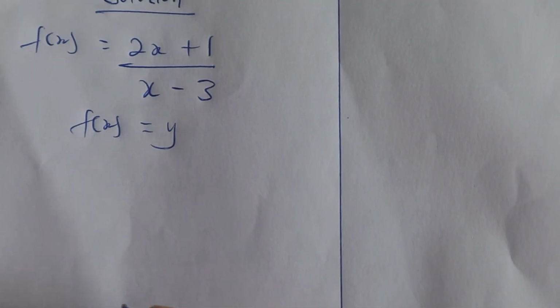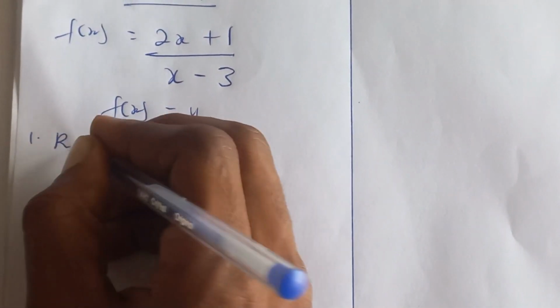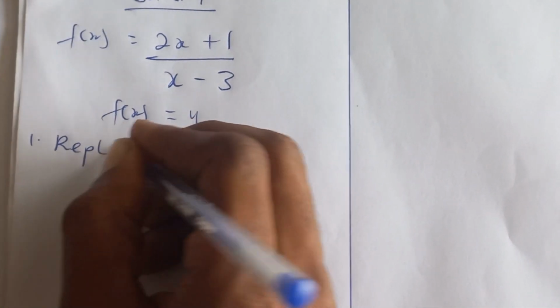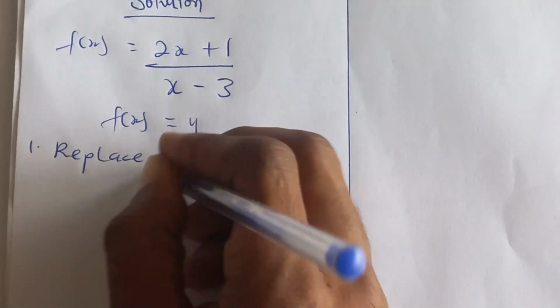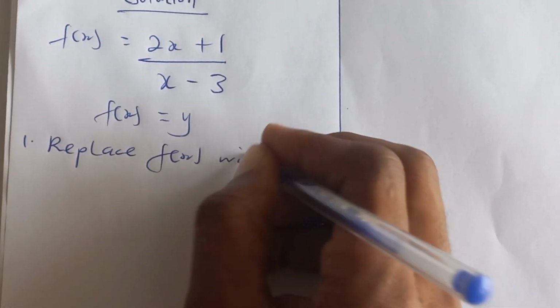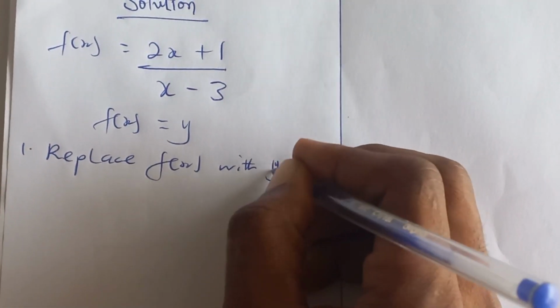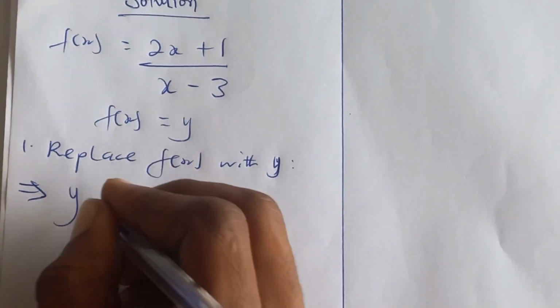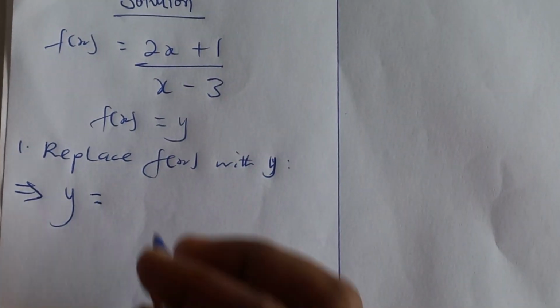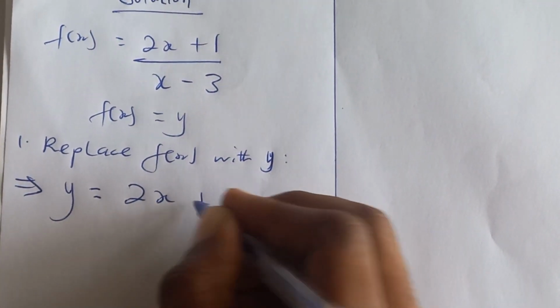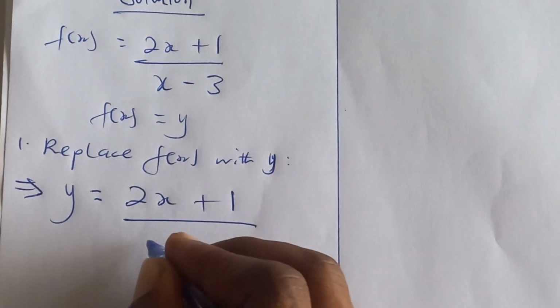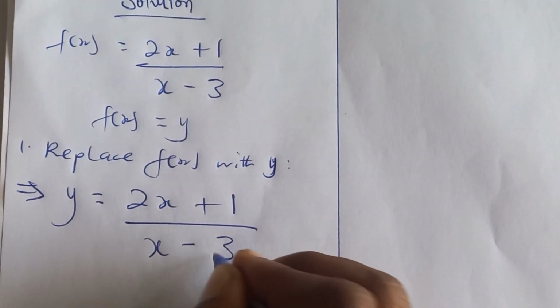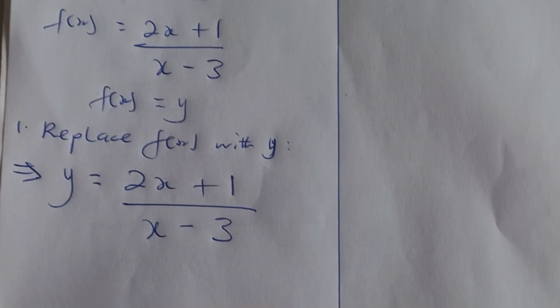So it's going to be y is equal to 2x plus 1 on x minus 3, like this.